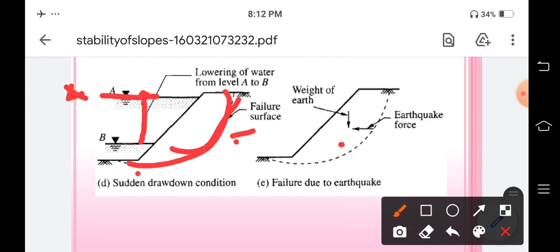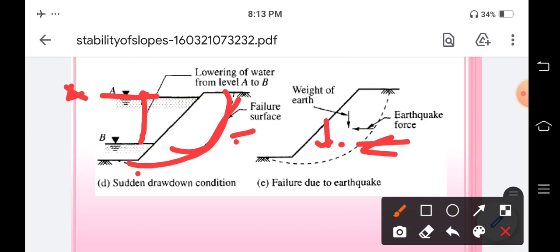And next, due to earthquakes, as we know, two kinds of acceleration and movement are created. The first is called the horizontal movement, and the second is called the vertical movement, or we also call it the shaking, or vibration.